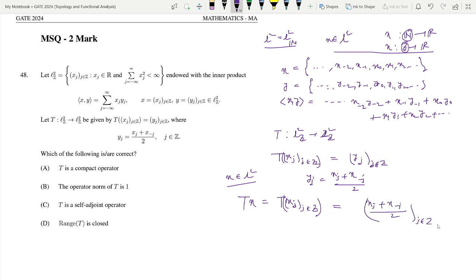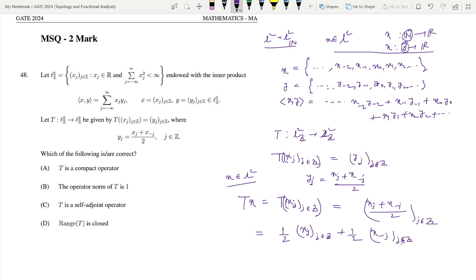So simply we can write this as half xj, j belongs to Z, plus half x_{-j}, j belongs to Z.